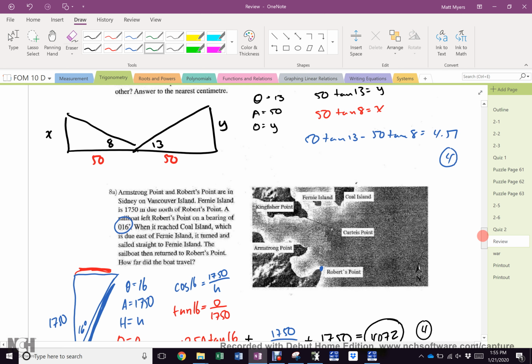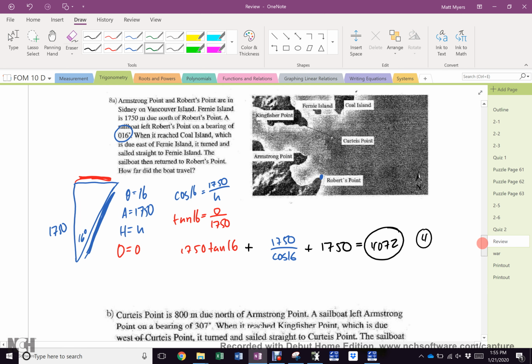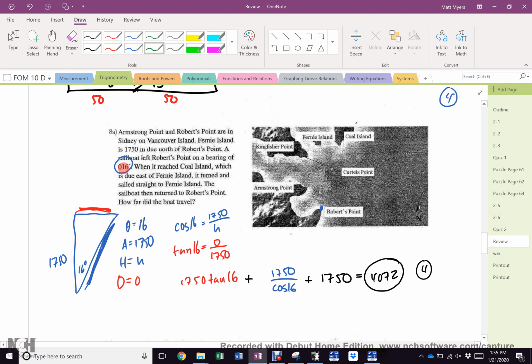And then this question is the direction question. I reminded you, this one is on the 0 to 360 scale. So straight north is 0, and we count that way.